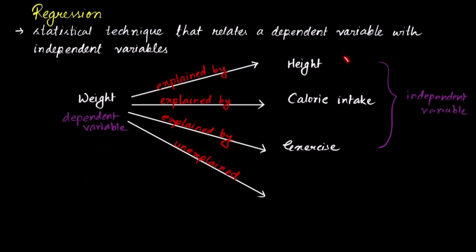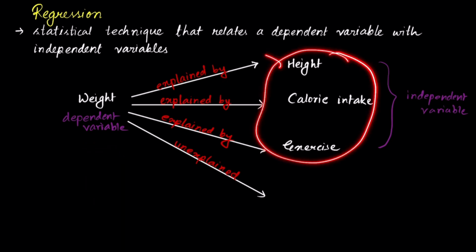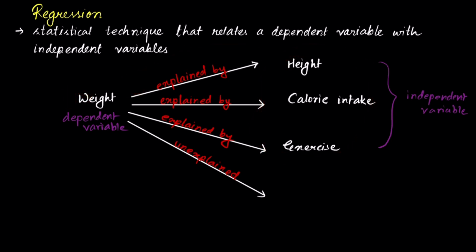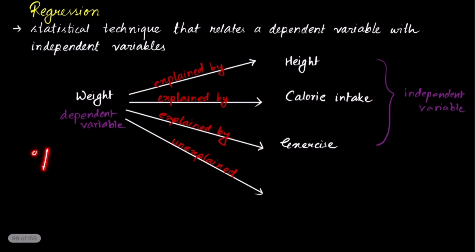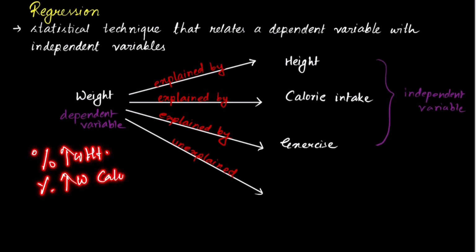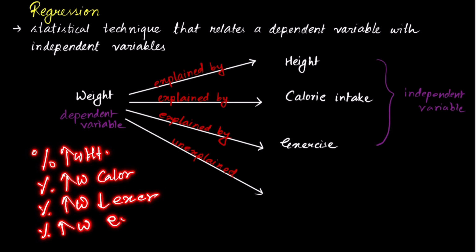So you can use these various factors to explain the increase in his weight. And then quantify what percentage of increase in his weight is dependent on height, what percentage on his calorie intake, what percentage on his exercise, and there will be a few percentage of increase in his weight that has no explanation because you haven't studied it yet.